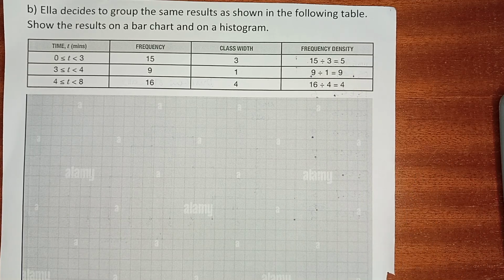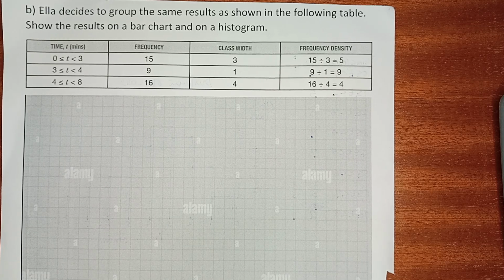Let us see what happens in the question, because we are told to show the results on a bar chart and on a histogram. The bar chart is just like what we had in part A of the example.